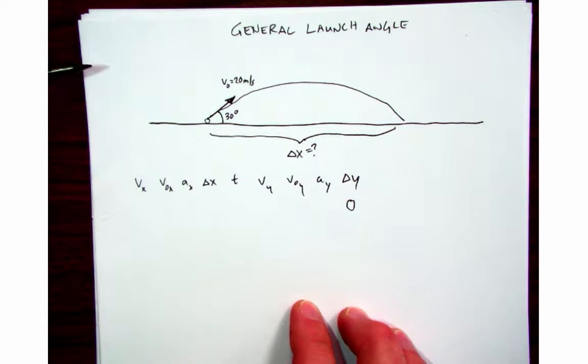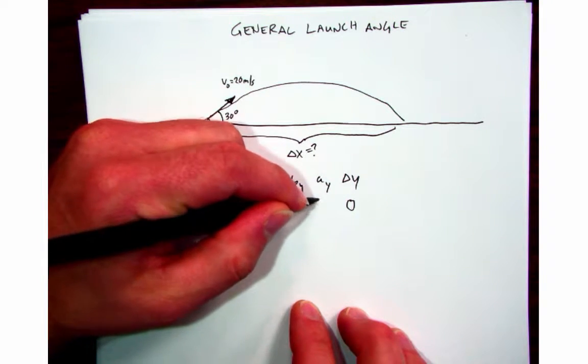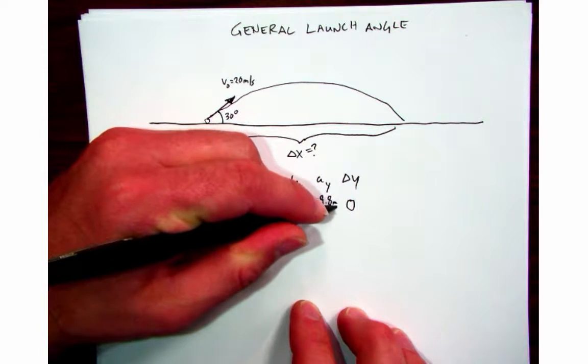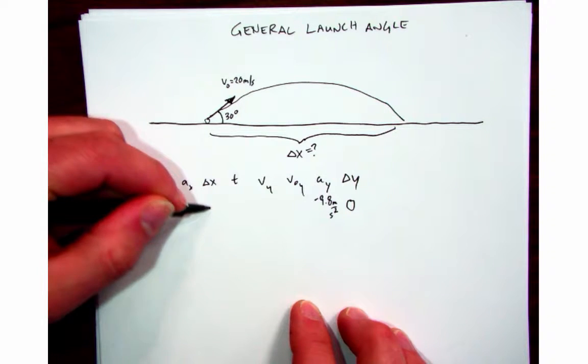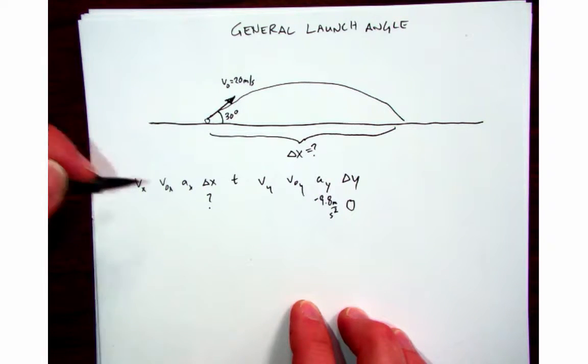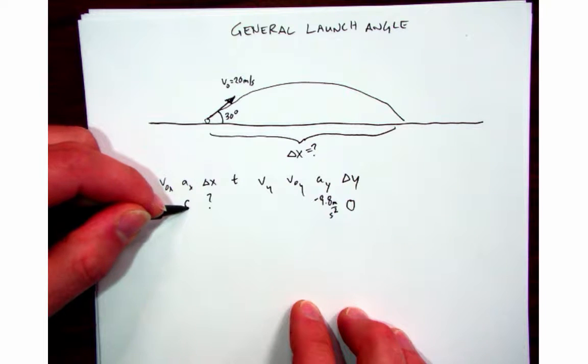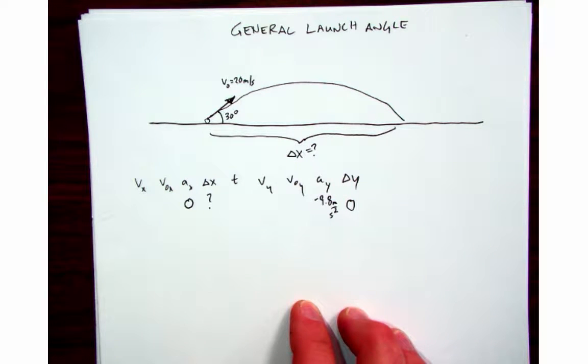In the y direction the acceleration is negative 9.8 meters per second squared, and delta x is what I'm looking for. Since nothing is pushing this ball forward after it leaves the foot, it has an acceleration in the x direction of 0. That means my initial x velocity and my final x velocity are going to be the same all the way through.